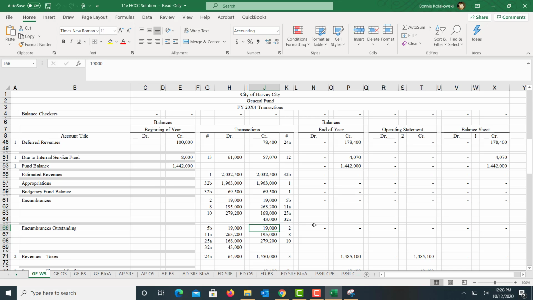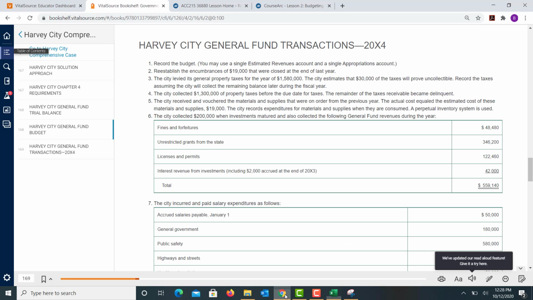So when the money is actually spent later on, or the purchase is actually made, then there's going to be another entry to move out of the outstanding balances and to be able to record the actual expenditures and the money out of cash if it is a cash transaction.